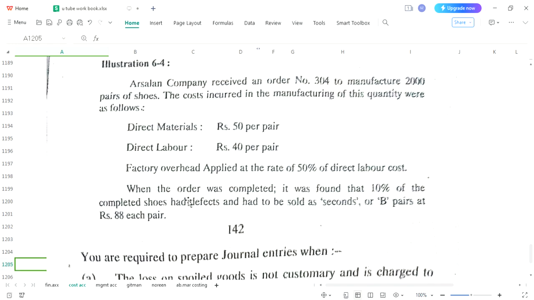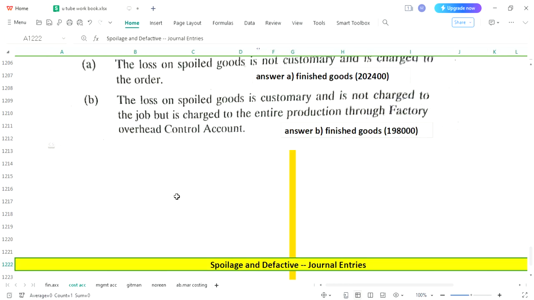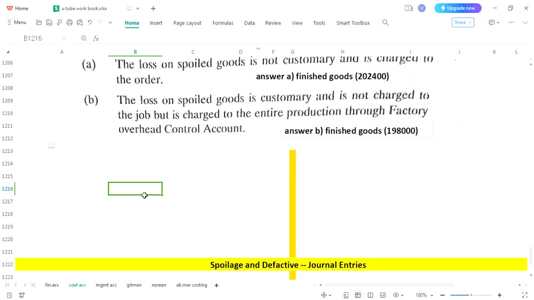Here you can see that when the order was completed, it was found that 10% of the completed units had defects. Total number of units 2000, and 10% we can calculate. Multiply 2000 by 10 divided by 100. So spoiled units are 200.